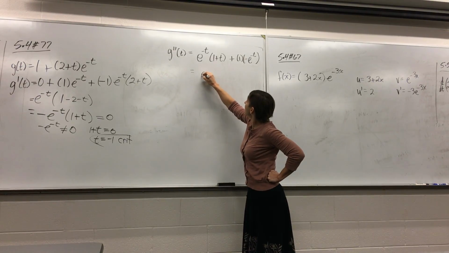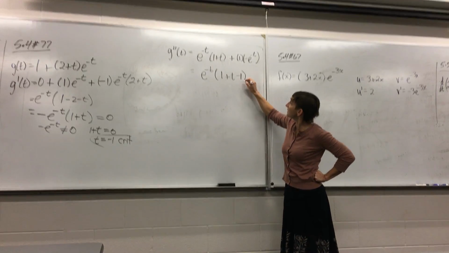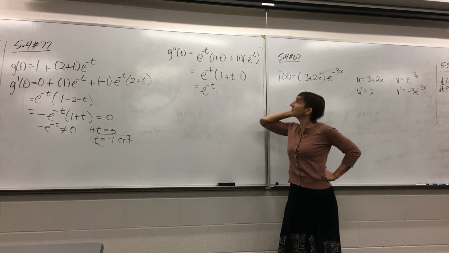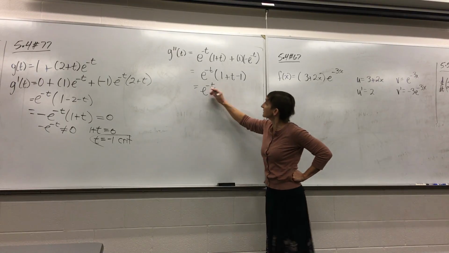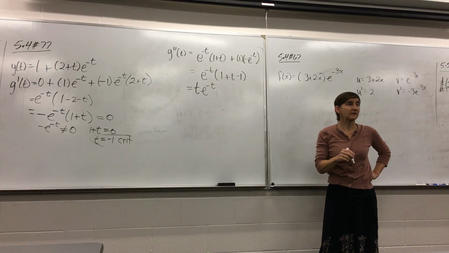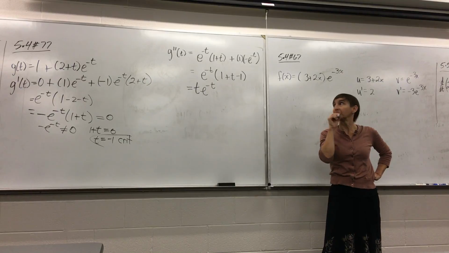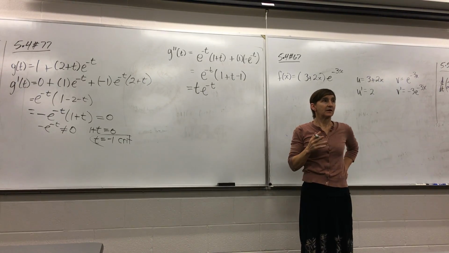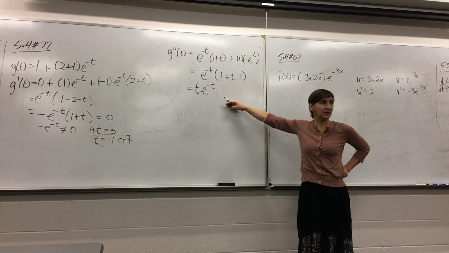Take out an e to the negative t, and I got 1 plus t minus 1. I'm getting the second derivative as e to the negative t times t. So t e to the negative t. Why did you do t? 1 plus t minus 1 is t. Somebody check me. Somebody check and see if that's what you got too. Yeah, makes sense. Okay, good.